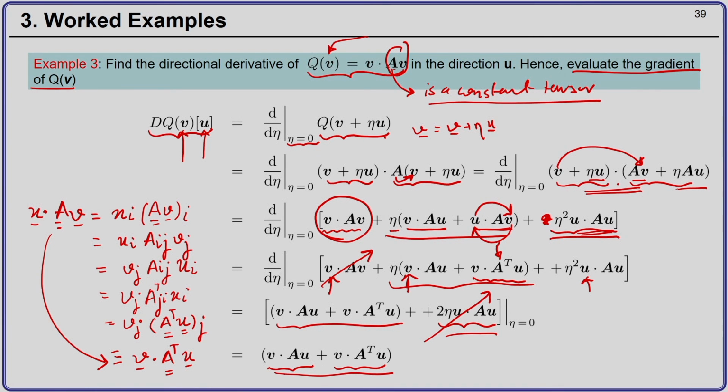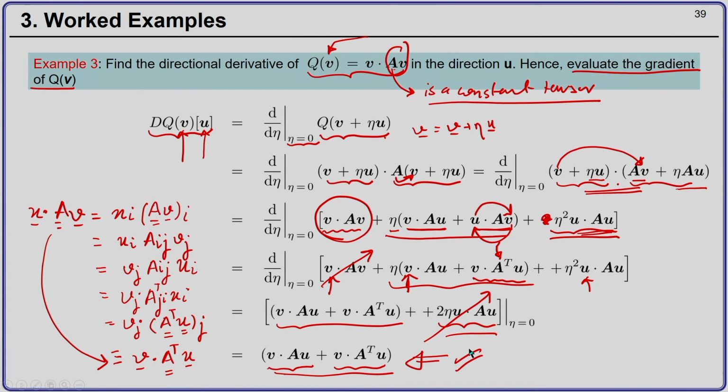You can very clearly see it was a nonlinear expression. You just changed v to v plus u, but the change in the value of q is not very clear at the very start until we have computed the directional derivative explicitly. So, this is the directional derivative.